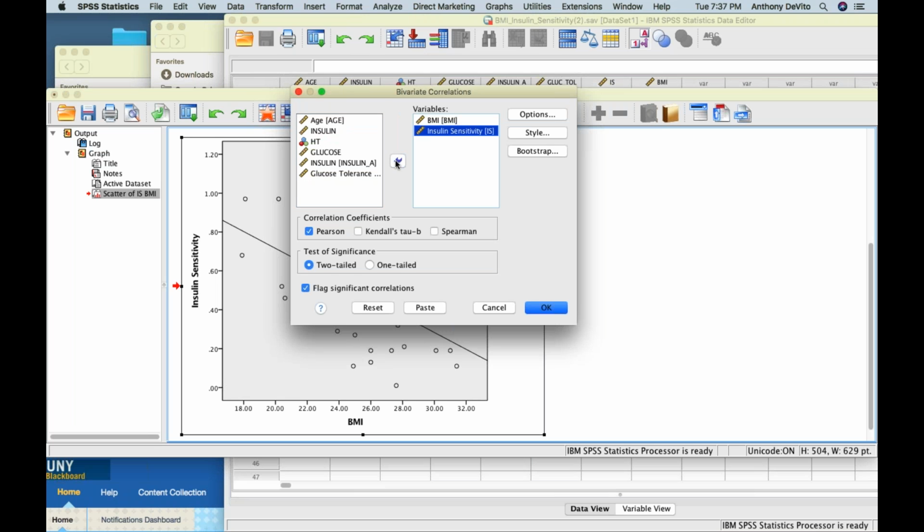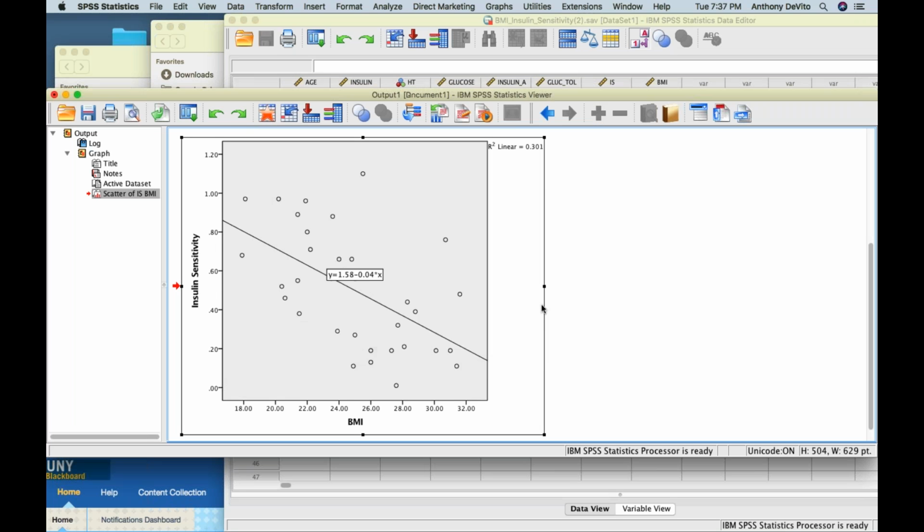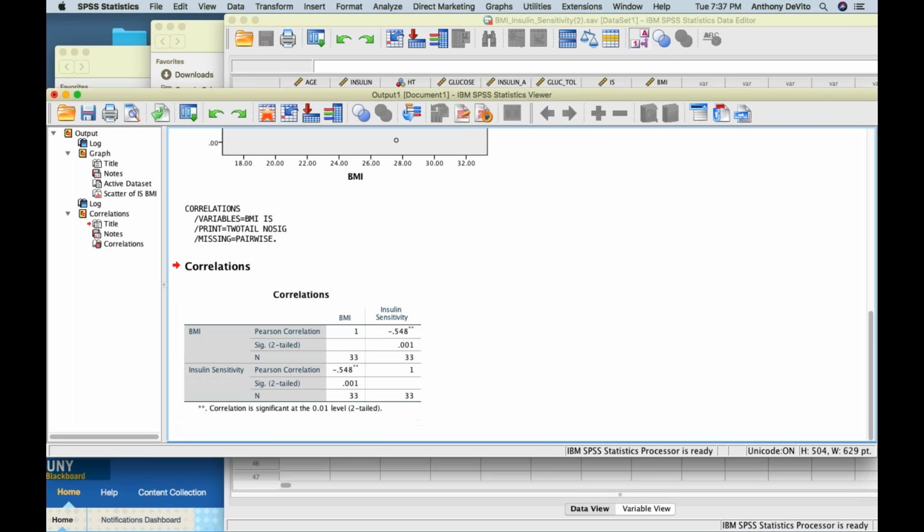It doesn't matter what order I'm putting them in because it's only going to do a correlation, not a regression. But notice that if I only had one of them in there, the OK disappears. I need both of them in there, and they both have to be numerical variables for this particular analysis. So I'm going to click OK. It's going to perform this analysis for us.